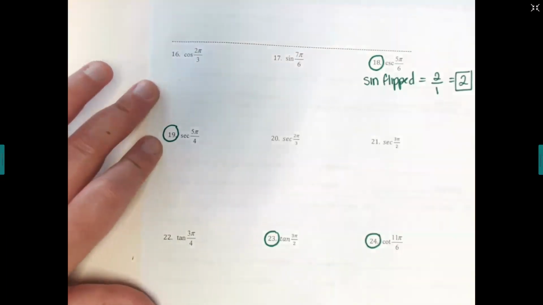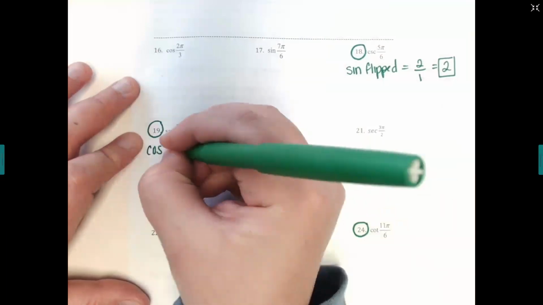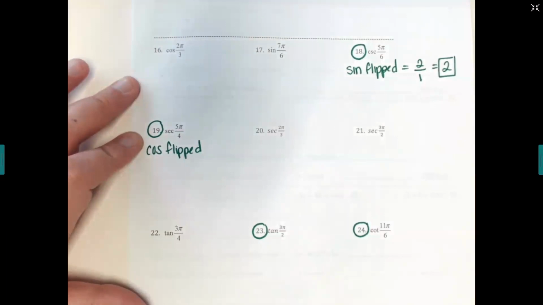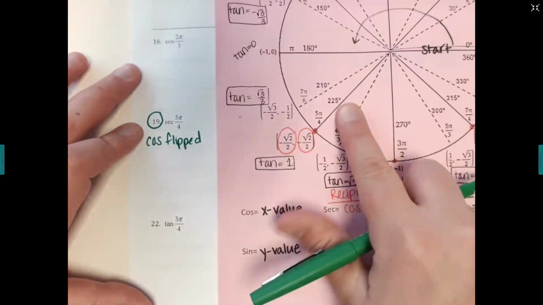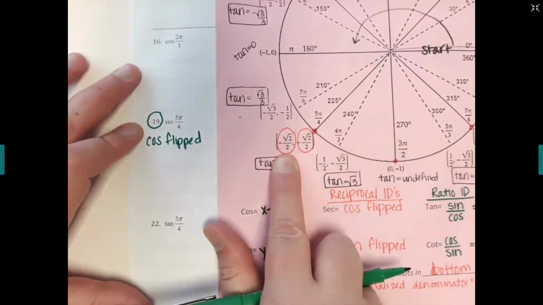What am I going to find and flip for secant? Okay, that's going to be cosine or the X value flipped. Find 5 pi 4ths on your circle, please. What quadrant is it in? Quadrant 3 is correct. And at 5 pi 4ths, which is right here, I want the X value, which is negative √2/2. But what am I going to write for my flipped value?